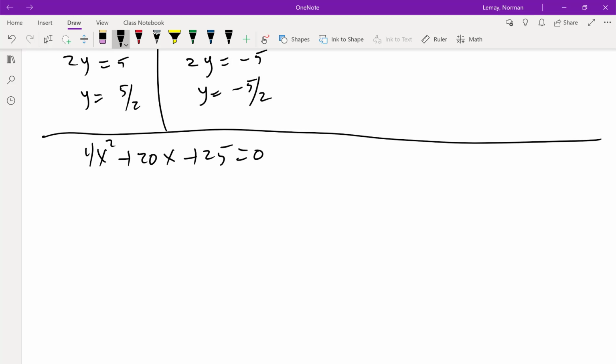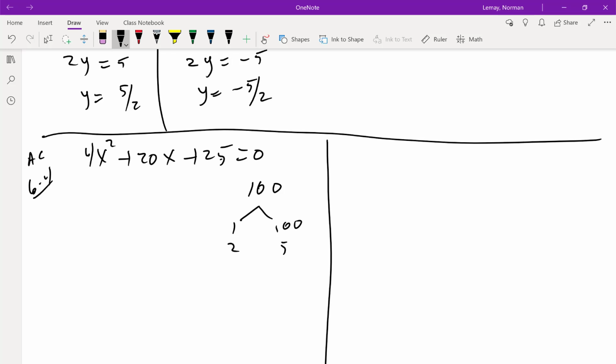So the first way I would like to solve this is to take a look at the techniques that we talked about in section 6.4. And let's just recall that section 6.4 was to use the AC method. So to use the AC method, we can take 4 times 25, and we observe that we get 100. So now we have to come up with the factors of 100 that add to 20. Notice that we start off with 1 and 100, and that's not going to add up to 20.